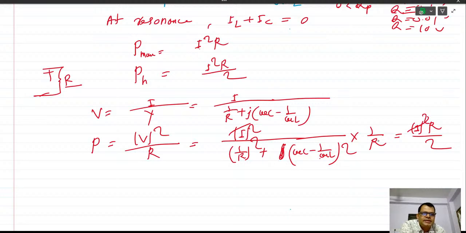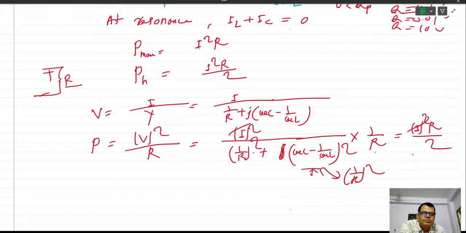That is, this condition R by 2: you see here 1 by R square, and here into 1 by R. If this term becomes 1 by R square, then 2 into 1 by R square, so 1 or 1 cancel.